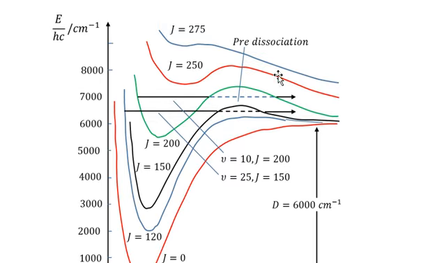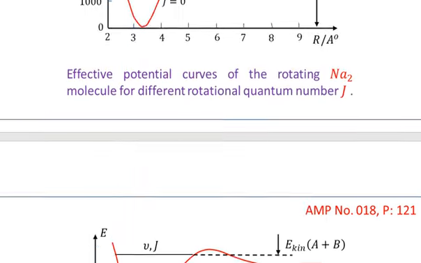And you see that this is again the barrier potential, or the rotational potential, or the rotational barrier. So this is the centrifugal barrier or the rotational potential. And I have explained this rotational potential in this diagram.